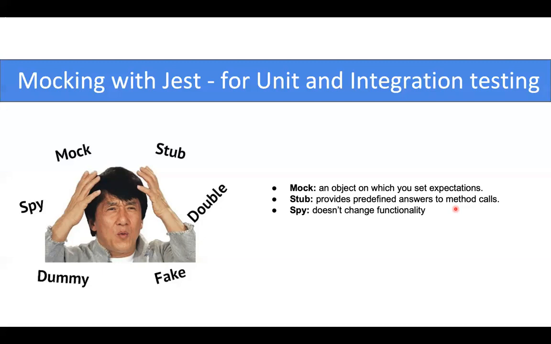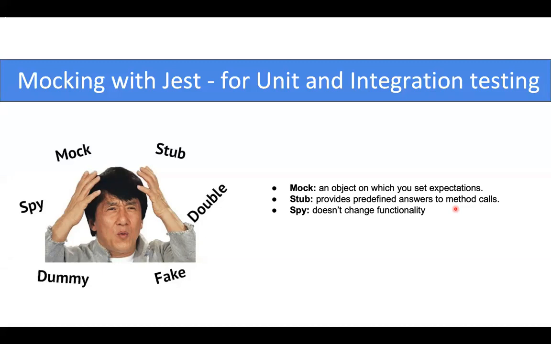You can mock it, and that means it will return undefined. The function will still be called, but not the original function. It will just call the mock that you defined. Or you can stub it, and the function will return the value that you provide to the stub.